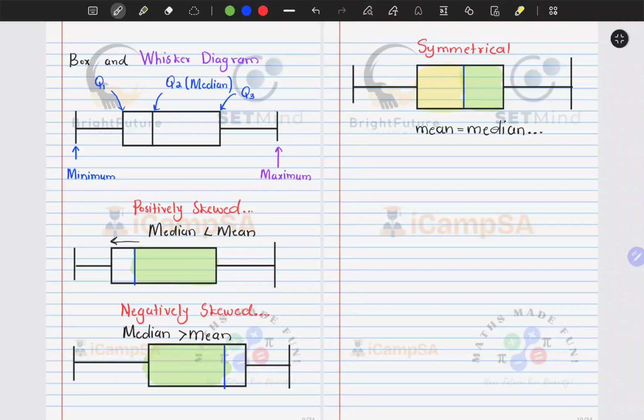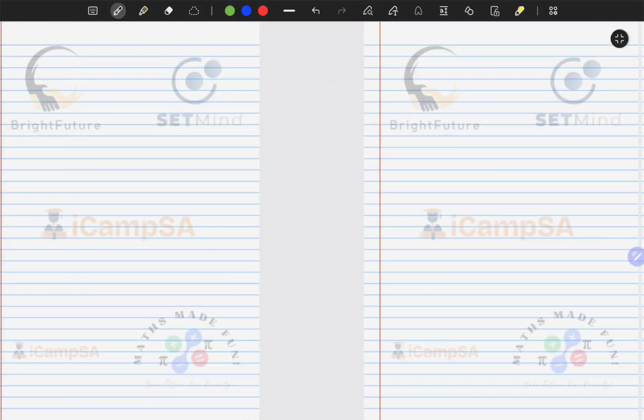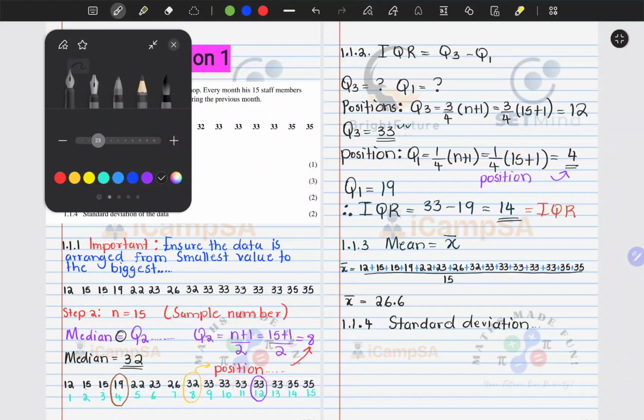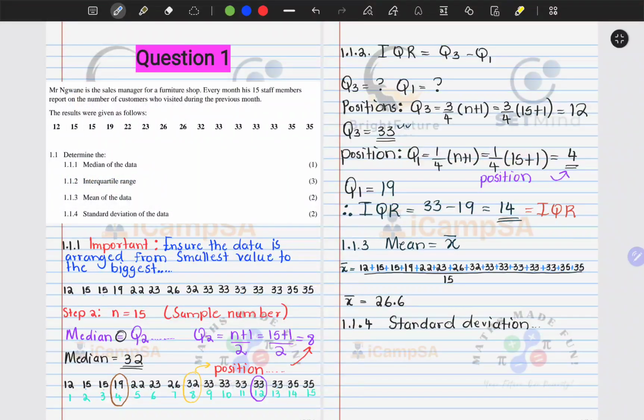Now with this in mind, let's go and have a look at how we can draw our box and whisker for that previous problem. Okay. So let's go. You will realize that we have our Q1 and Q2. The first thing I'm going to do to figure out the skewness is to look at our median, which is Q2.